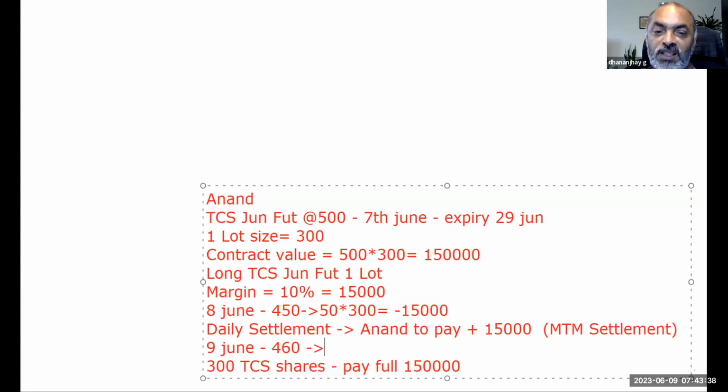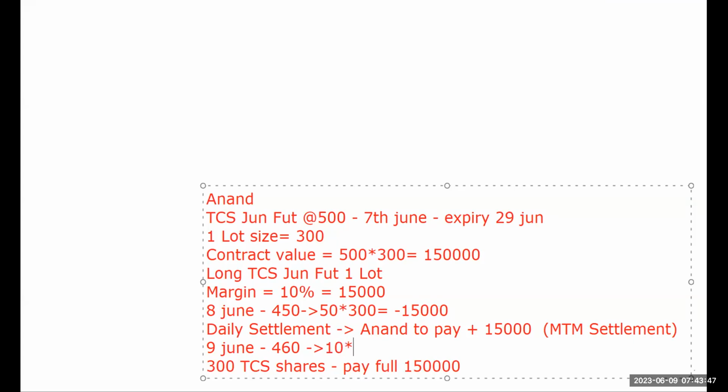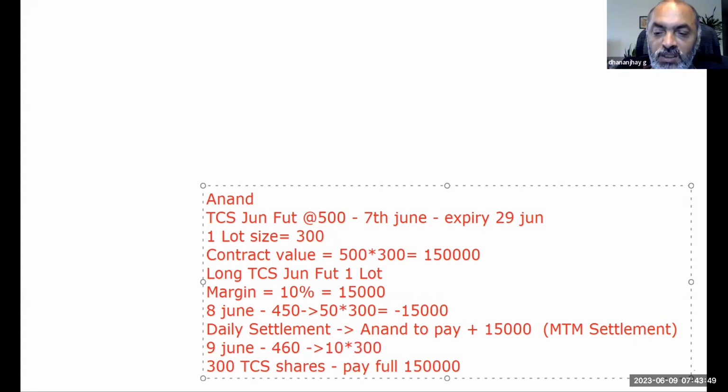Because your position is now marked to 450. Yes, sir. So how much profit are you getting? 3,000. 3,000. So what will the exchange do? The exchange will credit this 3,000 to your account. This happens daily.